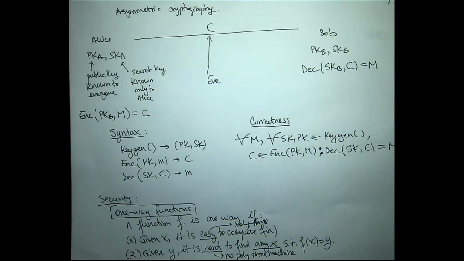So the function only goes one way. For example, a very intuitive example is making hamburger from a cow. You can easily make the hamburger from the cow, but you can't get the cow back from the hamburger. So that's a one-way function.